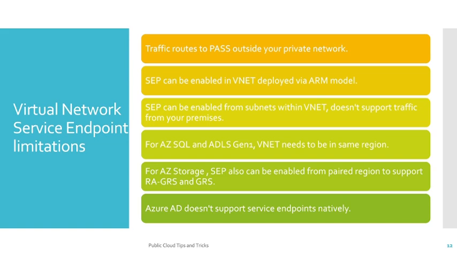For Azure Storage, a Service Endpoint can also be enabled from a paired region to support RAGRS and GRS features. And the final one is that Azure AD doesn't support Service Endpoints natively. Those are the basic limitations of Virtual Network Service Endpoint.